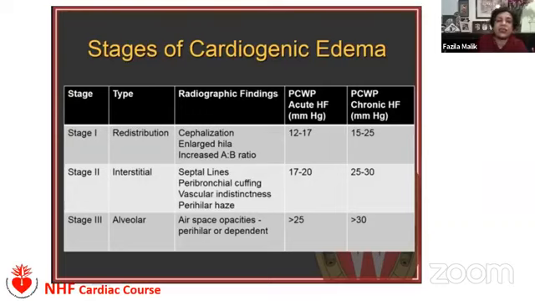And in stage 3, the fluid goes into the alveolar cavity now, and so there will be airspace opacities or frank pulmonary edema, or the bat wing appearance. And this occurs acutely when the pulmonary capillary wedge pressure goes more than 25 millimeters.